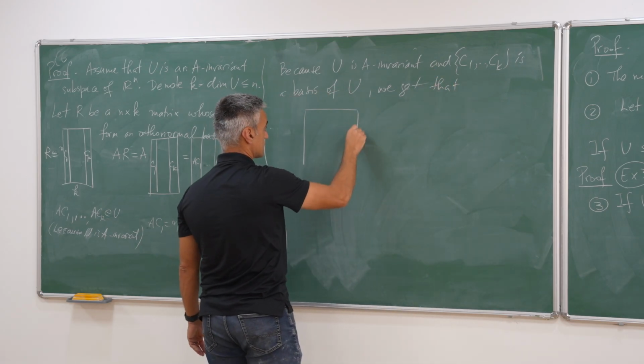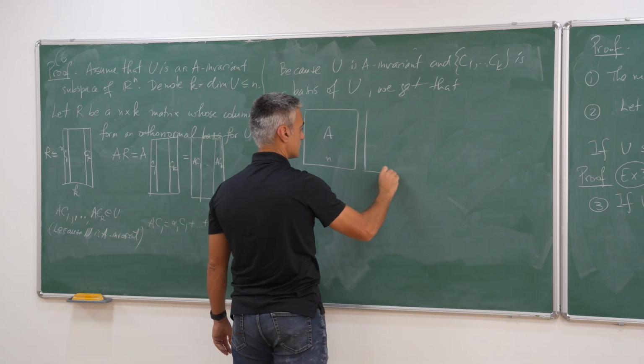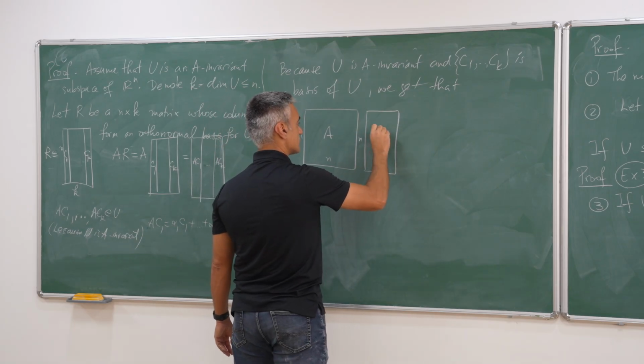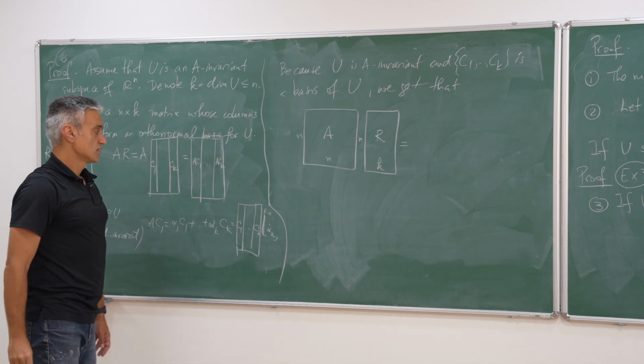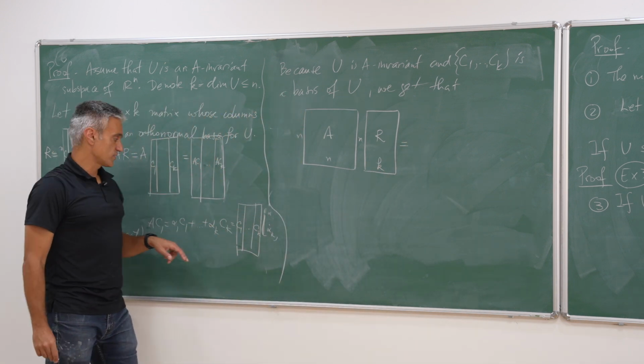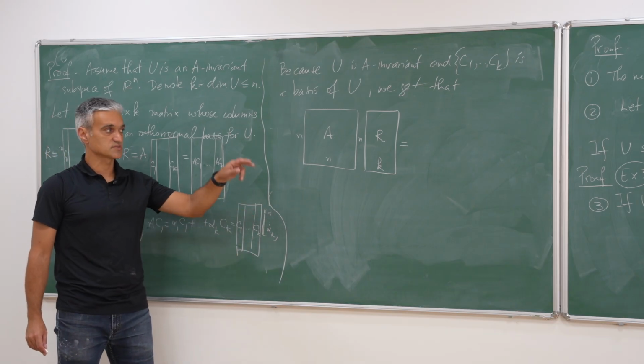So let me do it on the picture. A, which is a big n by n matrix, meets this tall n by k matrix R. For each column C, I get a vector here, and I can put those vectors together.